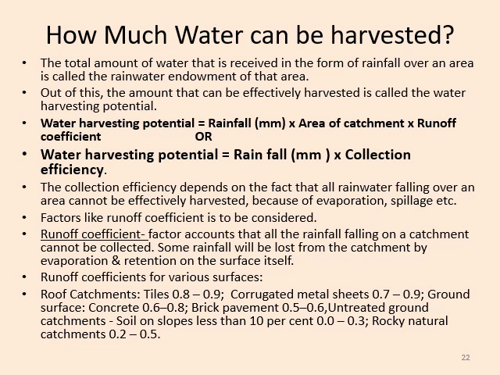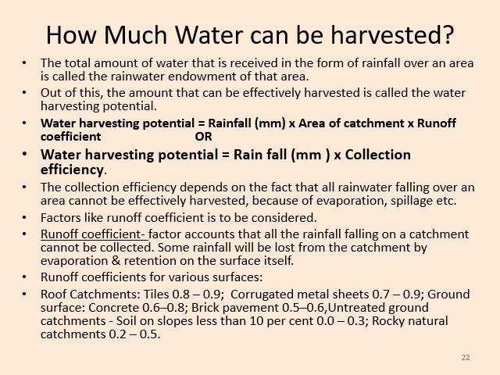If the roof catchment area is covered with tiles, the runoff coefficient will be 0.8 to 0.9. If it is metal sheets, 0.7 to 0.9. If it is ground surface covered with concrete, 0.6 to 0.8. Brick pavement will be 0.5 to 0.6.